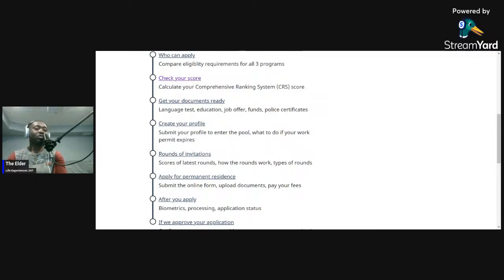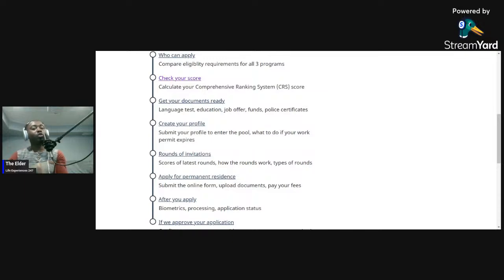It's not necessary for you to have them before you apply, but it's necessary for you to have them, as in when you do get your invitation, they will ask for these documents. And they normally have, I think, a 60-day period where you have to submit all of these documents or your application gets cancelled. And as a result, it is better, especially with the academic evaluation, sometimes it takes a while.